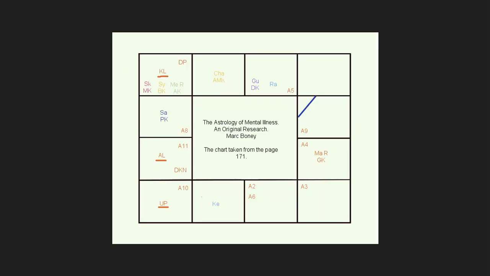So, as I mentioned, we focus on such Lagnas as Arudha Lagna, Karakamsha Lagna, Upapada Lagna. Here I'm going to skip Arudha Lagna. You can research that chart on your own through the Arudha Lagna. What I'm going to focus on are another two Lagnas, which are Karakamsha Lagna and Upapada Lagna.